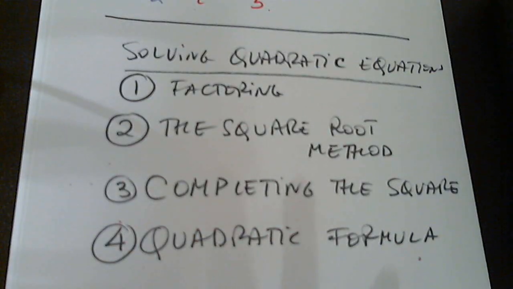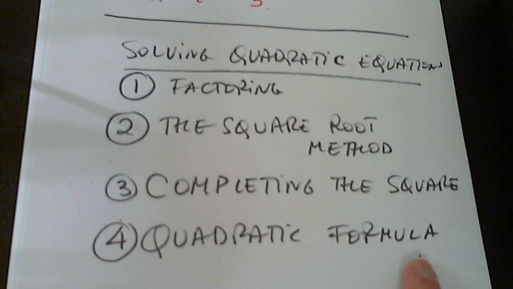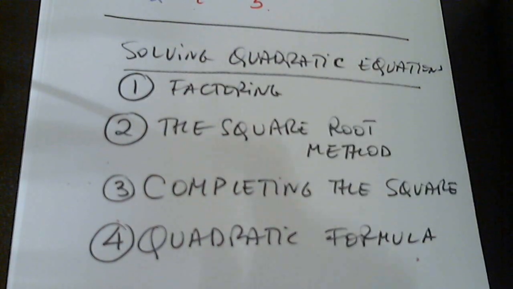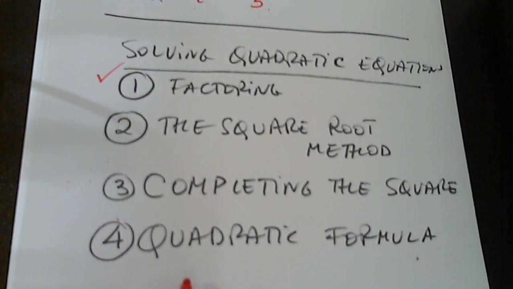If it takes more than 30 seconds, I'll say I don't need it. I will jump to the quadratic formula. So maybe we should just simply jump to the quadratic formula and then discuss these 2. So this was done. Now let's look at the quadratic formula, and then I'll come back to the other 2. So the quadratic formula requires the equation to look like this.